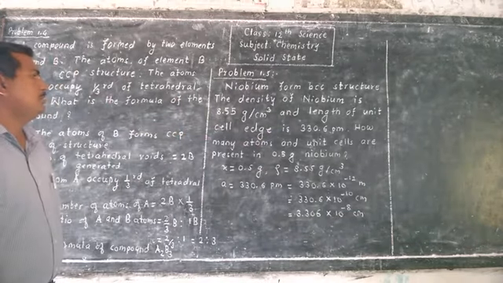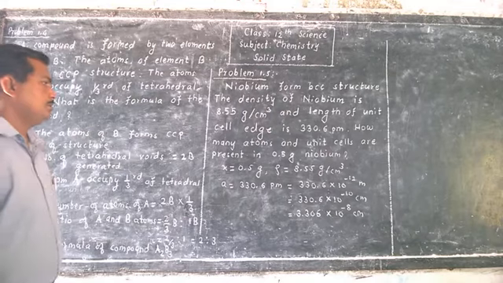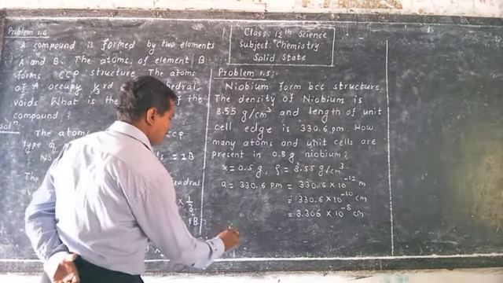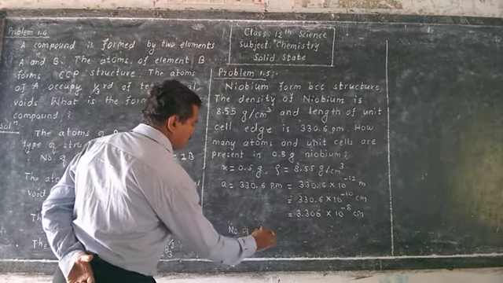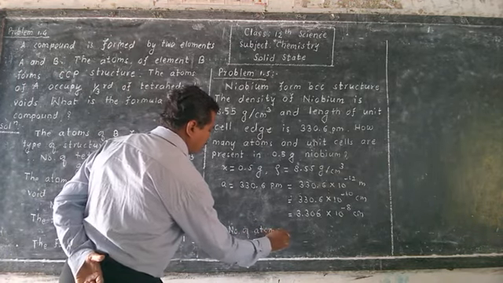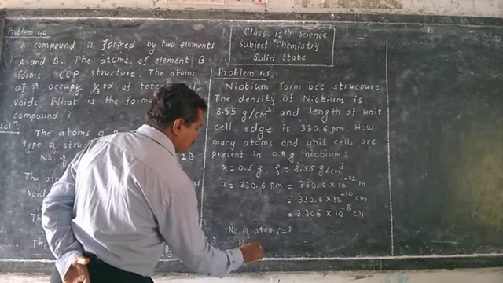And now we have to find the number of atoms and the number of unit cells.